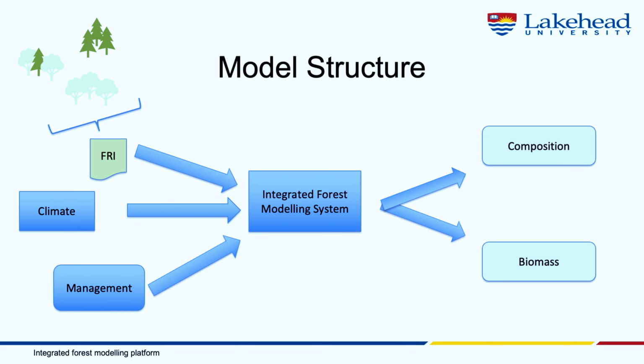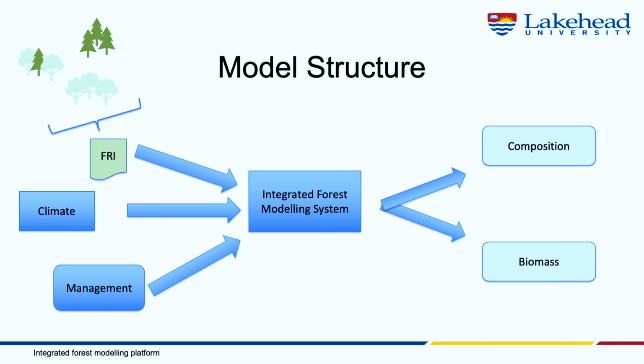So this is the general structure, a top-down look at what this model does for you. We start off in the top left corner here. This is our forest, our stands, representative of the land that we hold and love dearly. It's represented in the way that we're approaching it, using FRI data.